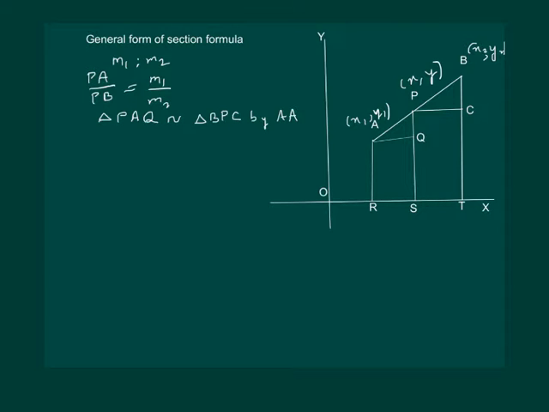Therefore, we will have the ratios equal PA by BP equal to AQ by PC equal to PQ by BC. Let us find AQ, PC, PQ and BC.